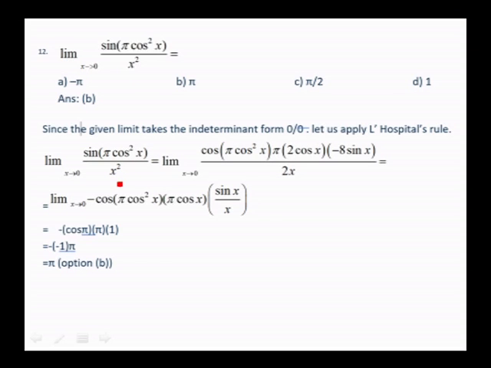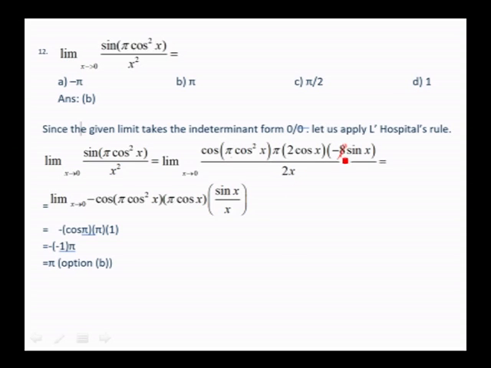Sin pi cos square x over x square is equal to limit x tending to 0. Differentiate the numerator separately. Sin of something gives cos of pi cos square x. You have to differentiate pi cos square x: pi into, for cos square x, 2 cos x into minus sin x, divided by the differential of the denominator, which is 2x.